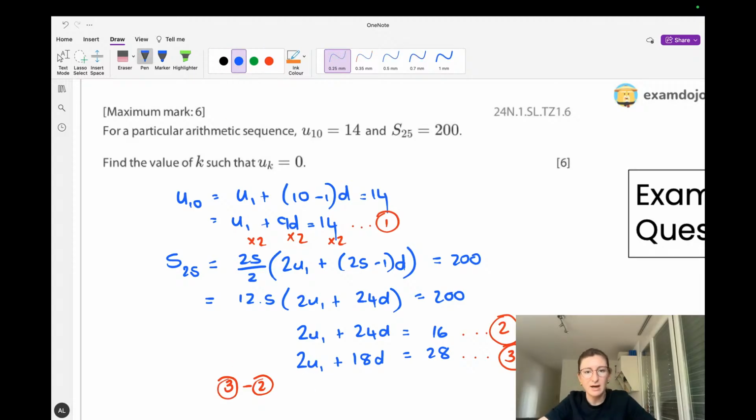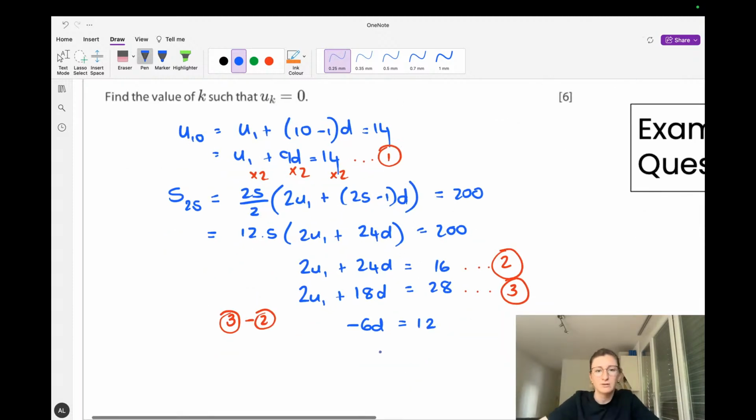So these cancel out. 18d minus 24d. Again, just make sure you're good with the direction that you're going, that you do the same thing. So 18 minus 24 is minus 6d. And 28 minus 16 is 12. So d equals minus 2.